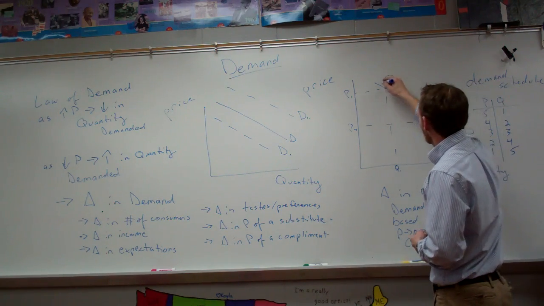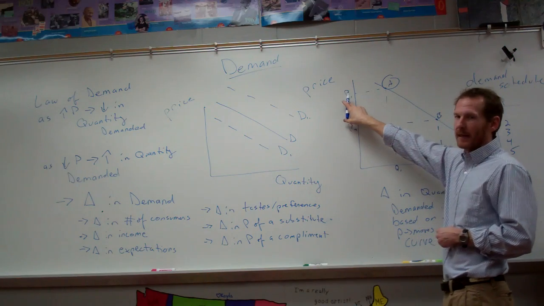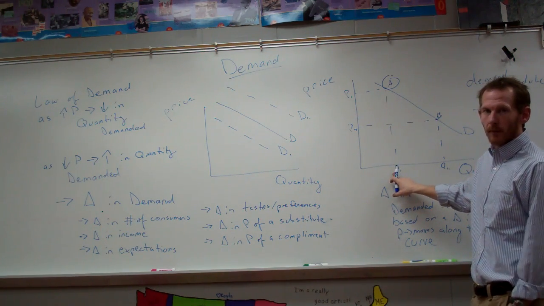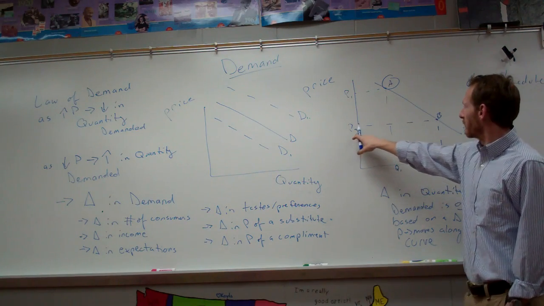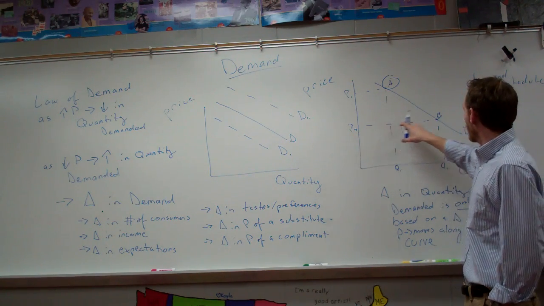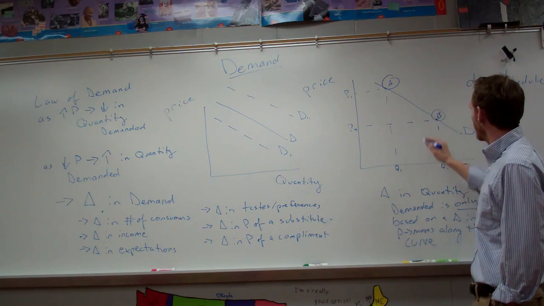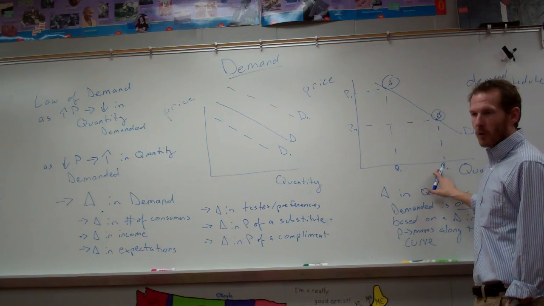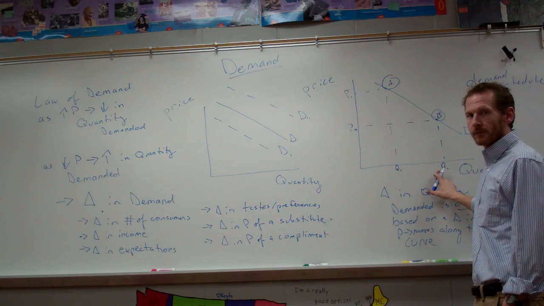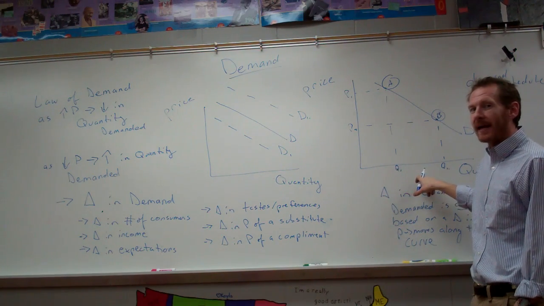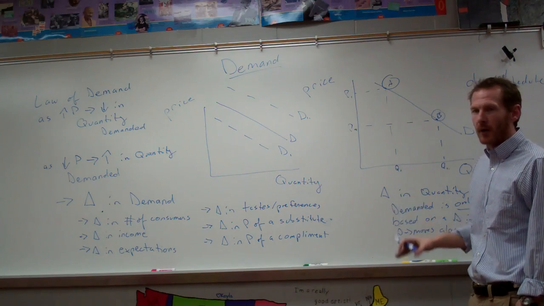Again, if we're here at point A, then we're demanding P sub 1 price, and we are buying Q sub 1 quantity. If the price moves down to P sub 2, then we're going to move along the curve from A to point B, and our new quantity demanded is Q sub 2. So a change in quantity demanded is only based on a change in price.